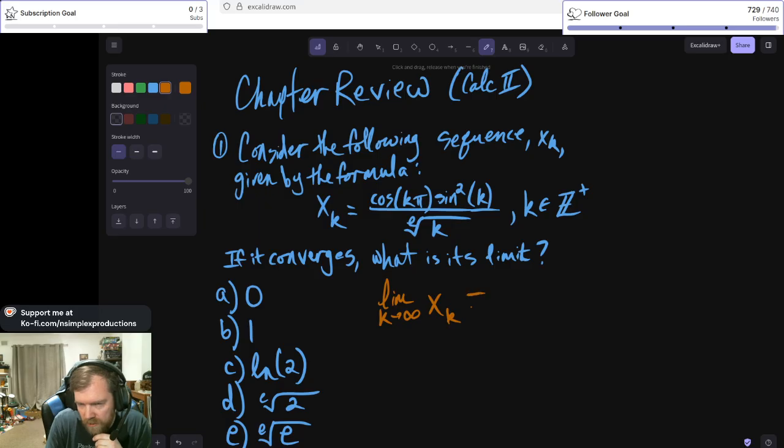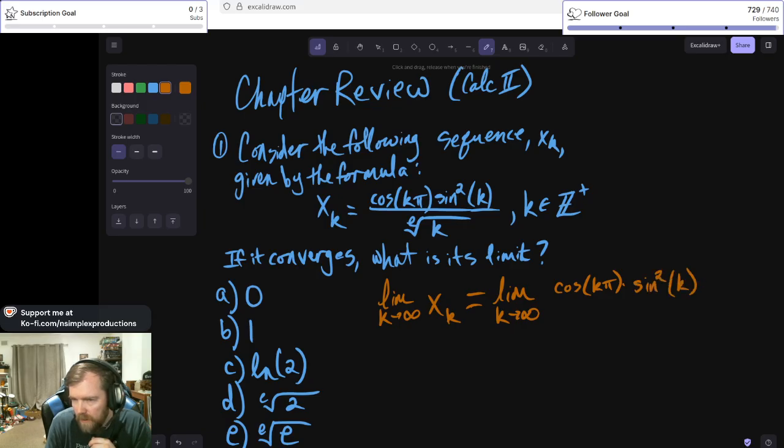So we should be able to just say what's the limit as k goes to infinity of cosine k pi times sine squared k all over the kth root of k.